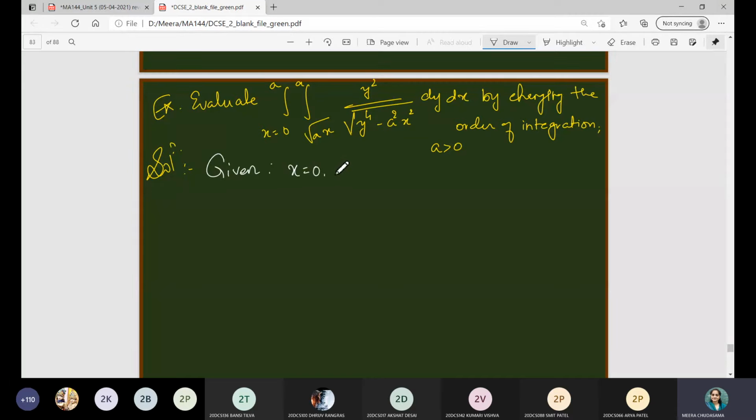So given quantity, we have x is equal to 0, x is equal to a, y is equal to square root of ax, and y is equal to a. So for sake of simplicity, I will write it as y square is equal to ax. So y square is equal to ax will be symmetric about which axis?